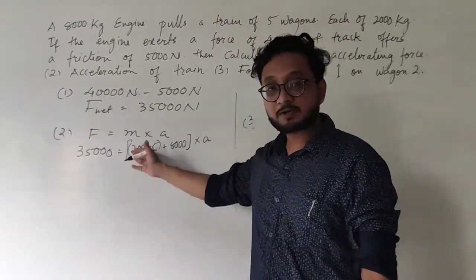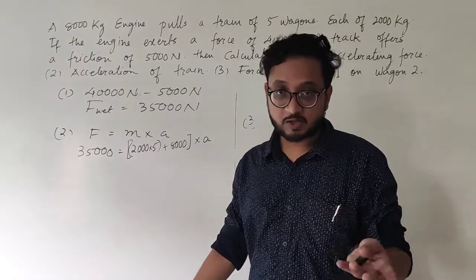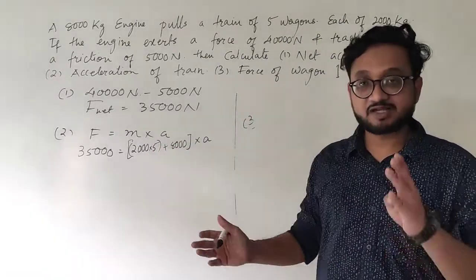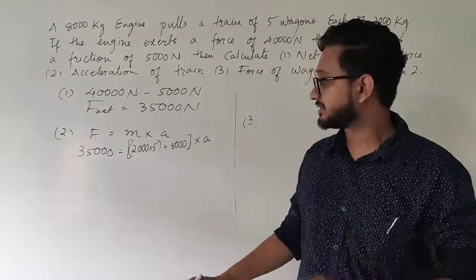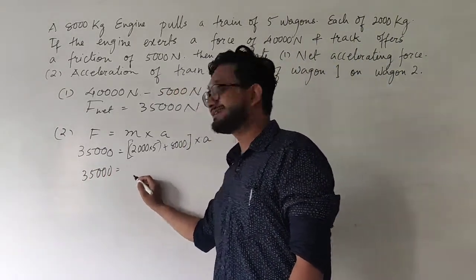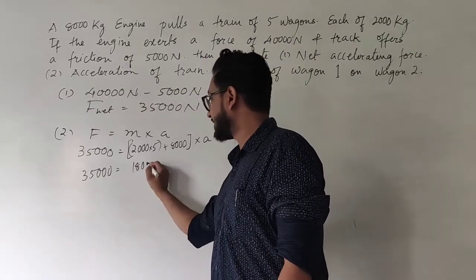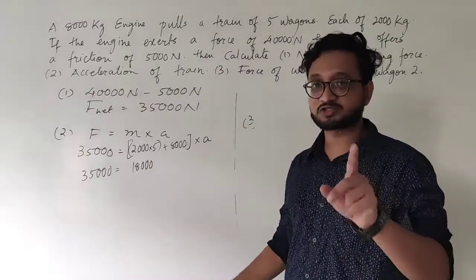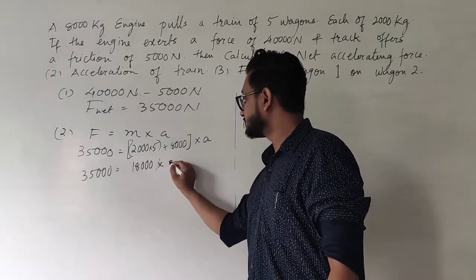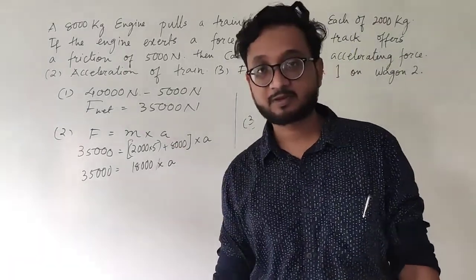So 2,000 into 5 will give you 10,000, like we just solved, and 10,000 plus 8,000 will give you a total mass of 18,000. So now you have 35,000 newtons is equal to 18,000 kilograms, that is the mass of the whole train, into acceleration.